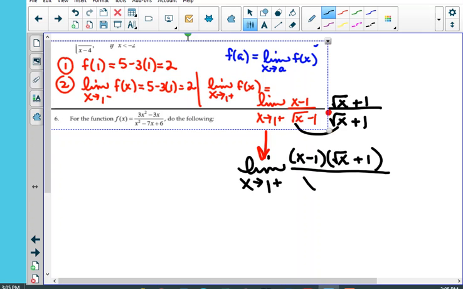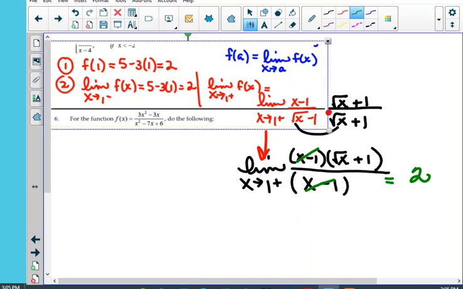Root x times root x is x. Outside and insides are going to cancel to 0, minus 1. And if it's a real 0 over 0 problem, this is what should happen. After your conjugate multiplication, you should see a factor and a factor here that you can divide out. So that limit is coming out to be 2 as well.